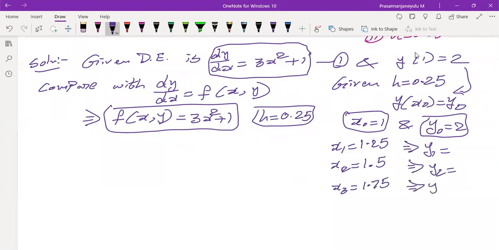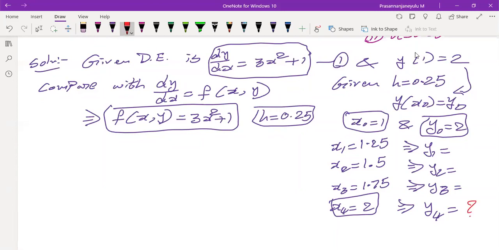Now we need to find y3. Next, x4. What is x4? x3 plus h is 2. So we need to find y4. That means we need to find y1, y2, y3, y4. Then the corresponding y value we require to find.